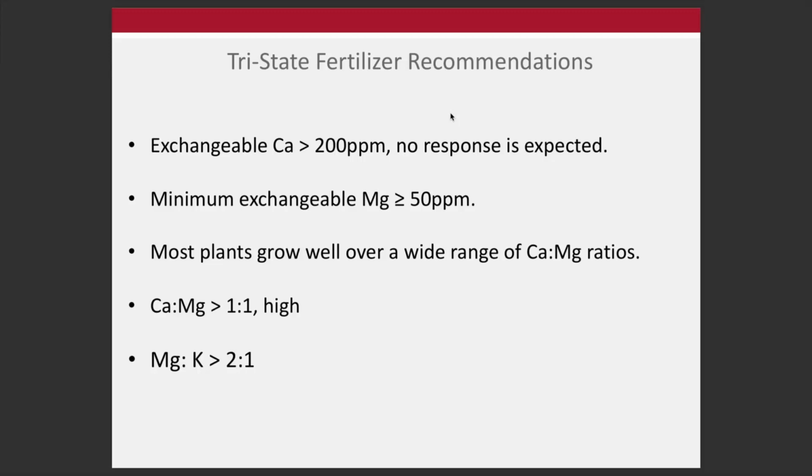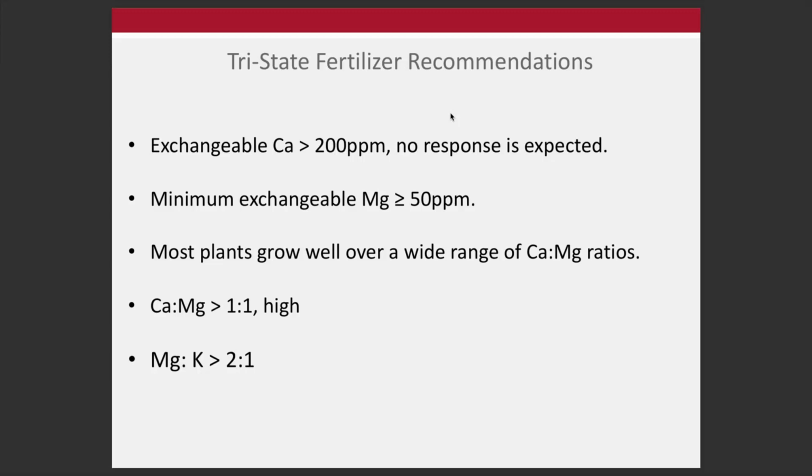Most plants grow well over a wide range of soils, and the Tri-State was based on the work that was done in Ohio, not extensive work, but a fair amount of work showing that regardless of the calcium magnesium ratio, crops yielded reasonably well.